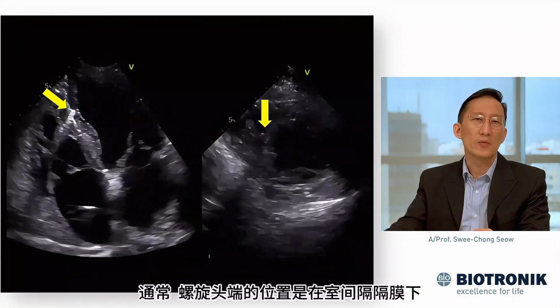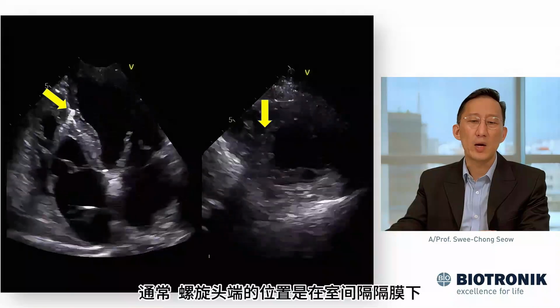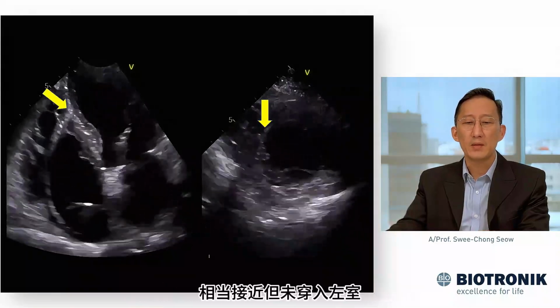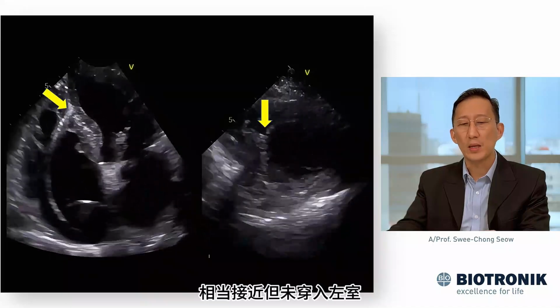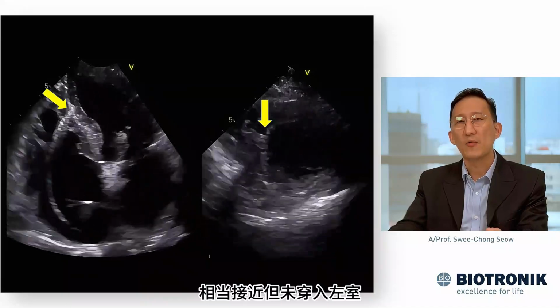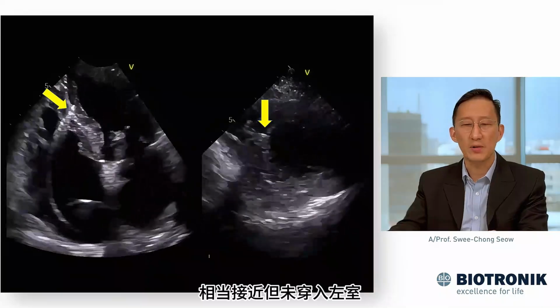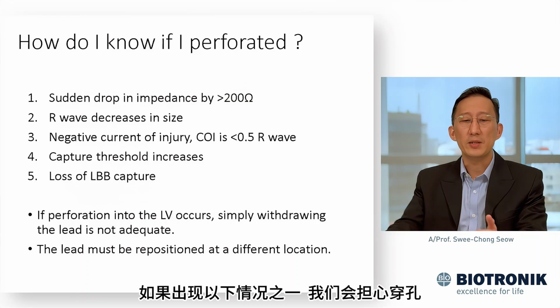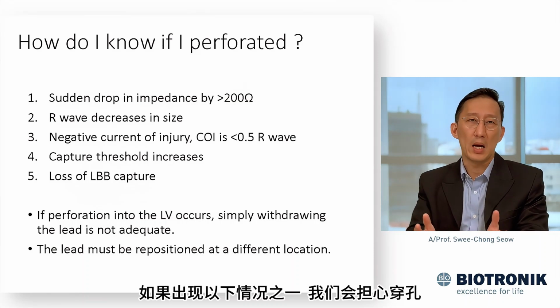The usual position of the helix tip is right under the endocardium, and this is fairly close but not perforating into the LV cavity. We will worry about perforation if we see one of these parameters.